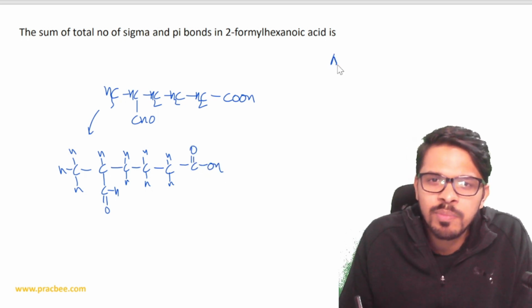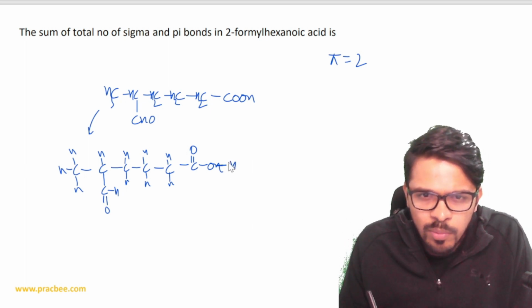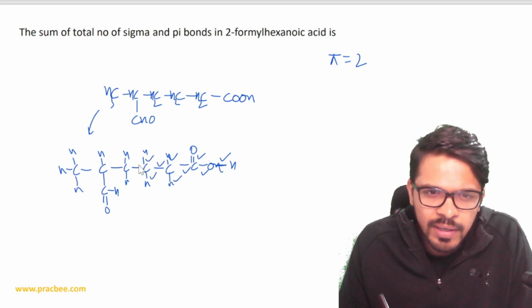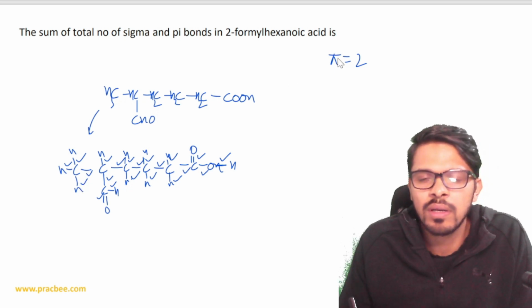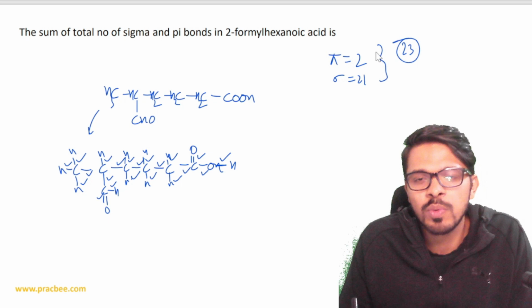I can see pi bonds are just 2. The number of sigma bonds would be 1, 2, 3, up to 21. Sigma is 21. So the total sum is 23.